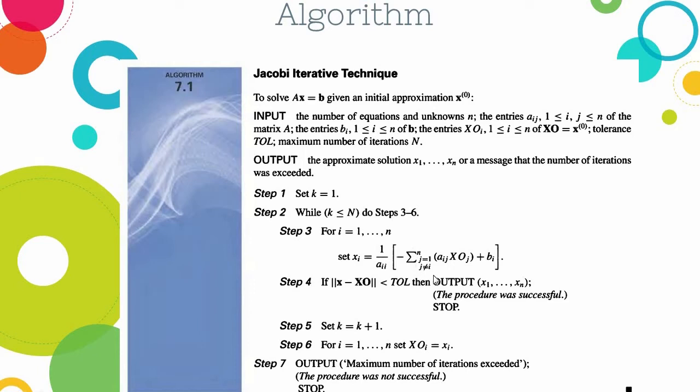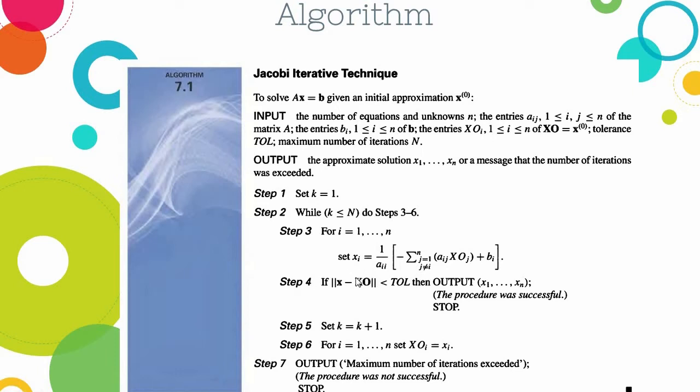Inside this formula, as I mentioned before, we need to do a summation of aij x0j for the non-diagonal elements. Step 4, we evaluate the absolute error, the difference between the current solution and the last step solution, using the infinity norm. In reality, we can also use relative error instead of absolute error.